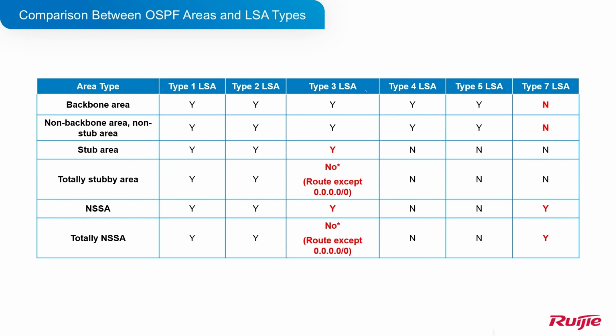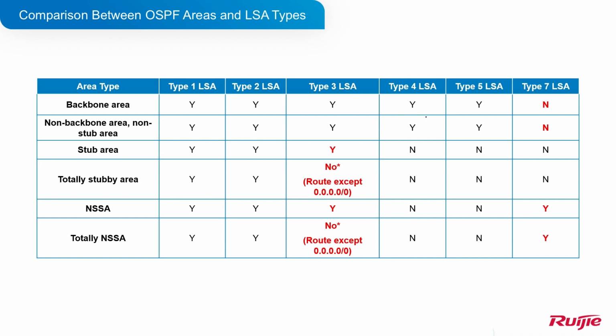So for the backbone area, non-backbone area, stub area, and NSSA area, we can receive the detailed Type 3 LSA information. But for the totally stub area and totally NSSA area, we reject the detailed Type 3 information. But if we want to access the network, we can use the default route 0.0.0.0, and this default route is a Type 3 LSA.